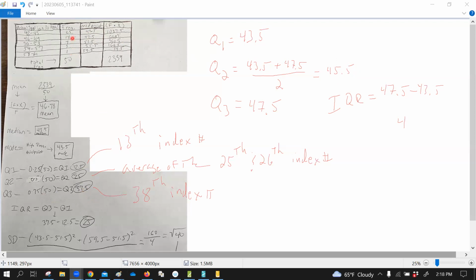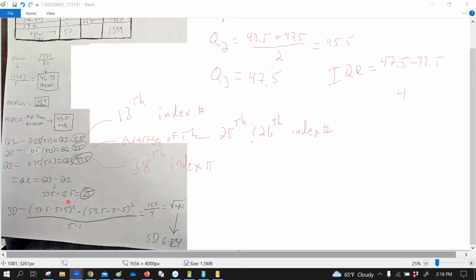The 38th number will also be in bin 2 because we've got 39 numbers between the two of them, so that's the 47.5. To get the interquartile range, we subtract the quartiles, and it's 4. We're dealing with the index numbers.